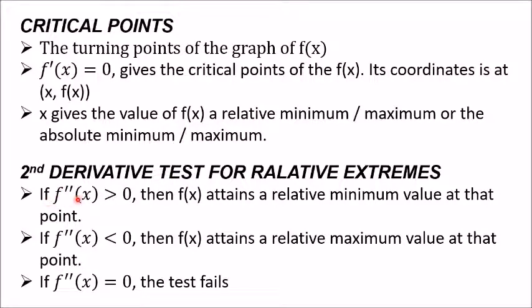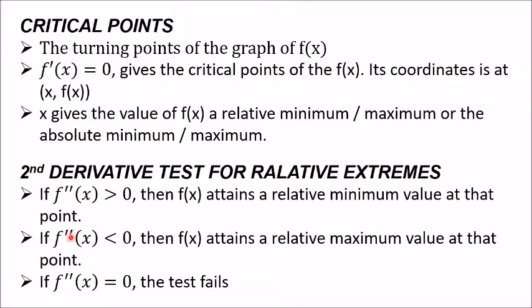Kapag yung second derivative is greater than 0, kapag yung x is at a certain value, class ito yung ating critical point. So kapag sinubstitute natin yung critical point dun sa second derivative and it is greater than 0, ibig sabihin, yung function natin ay magkakaroon ng relative minimum sa value na yan ng x.